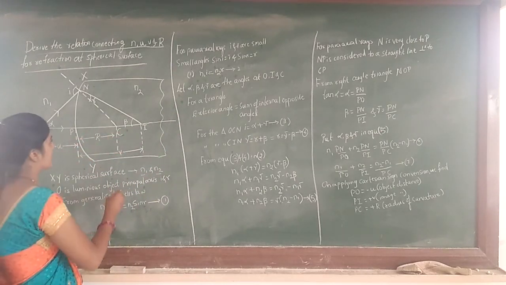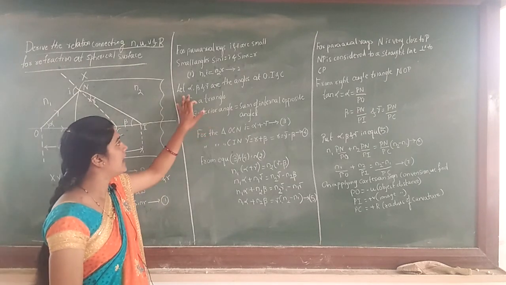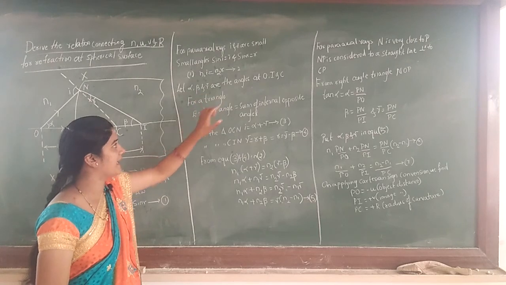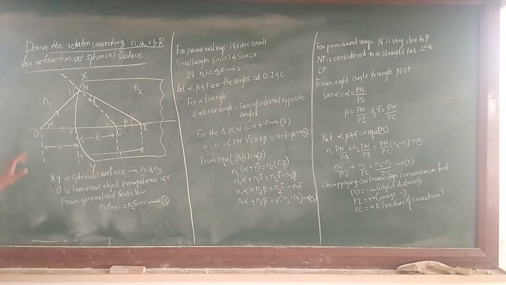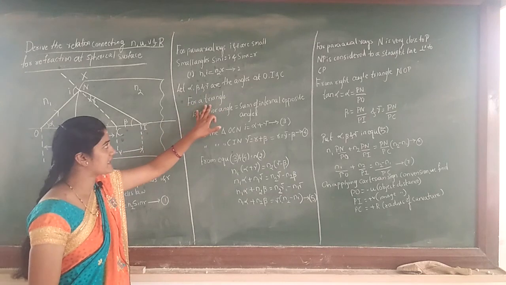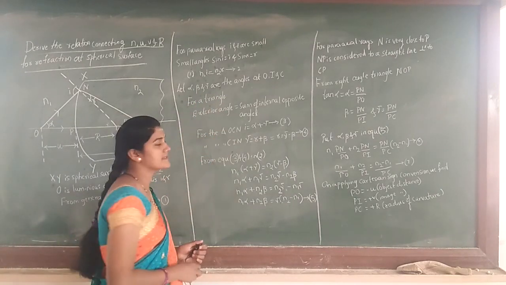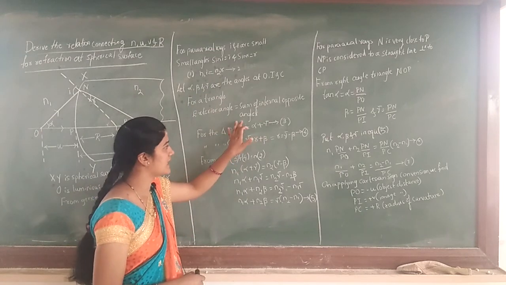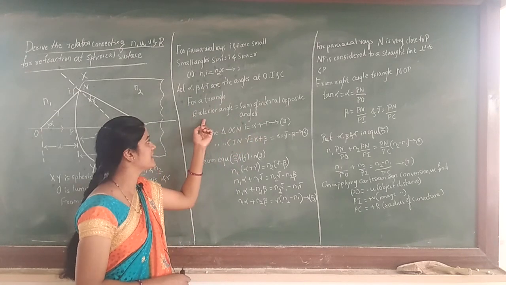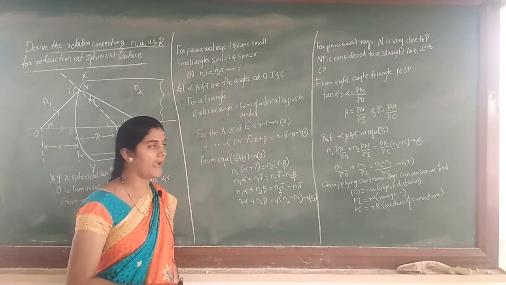Alpha, beta and gamma are the angles at the points O, I and C. From a triangle, the exterior angle is equal to the sum of the internal opposite angles.